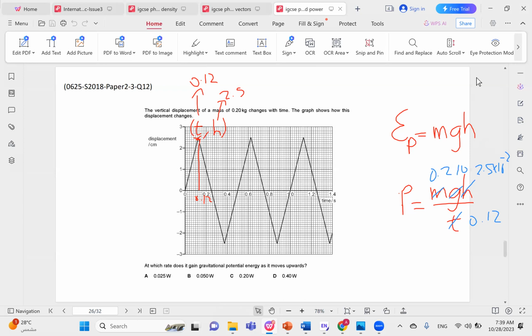And then you divide your answer by 0.12 and you get 0.4 watts. Almost 0.4 watts. So the correct answer here would be choice D.